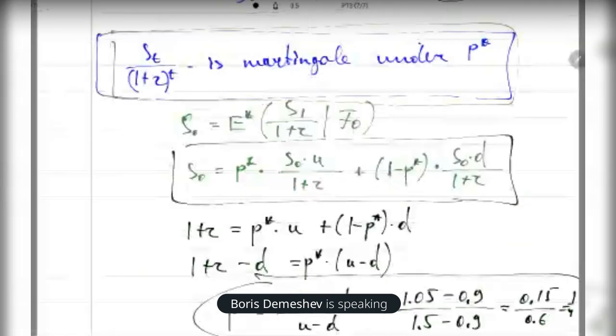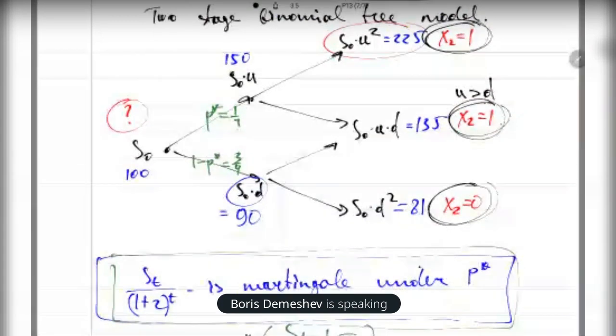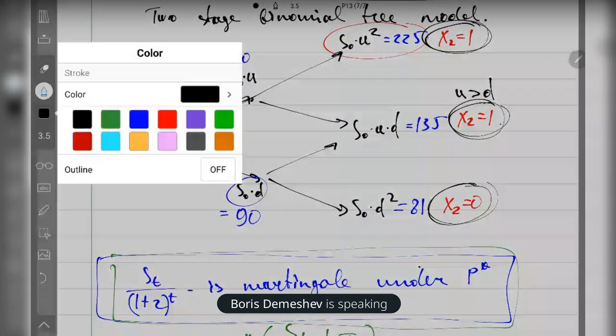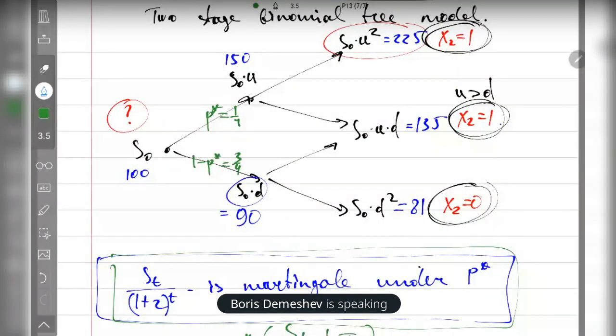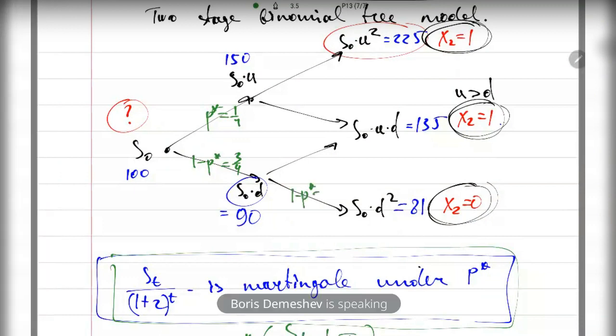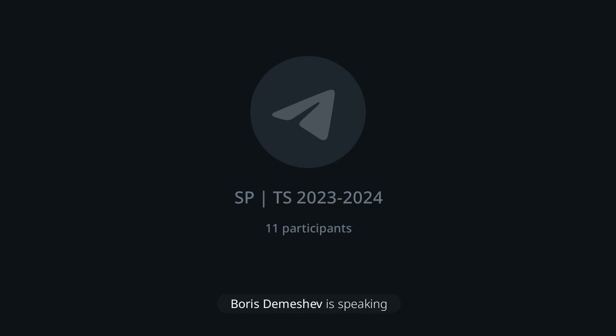If I look at my tree, I will receive $0 with probability 3/4 multiplied by 3/4, and in all other cases, I will receive $1.